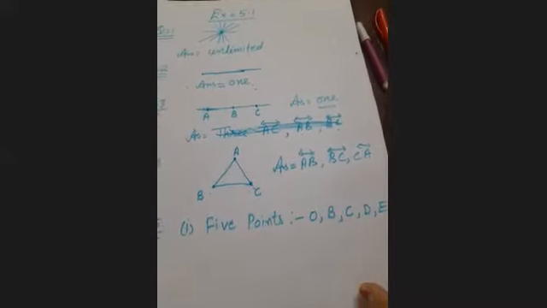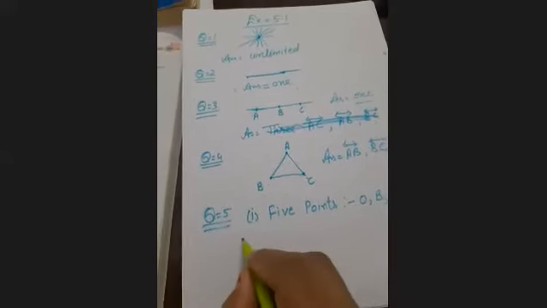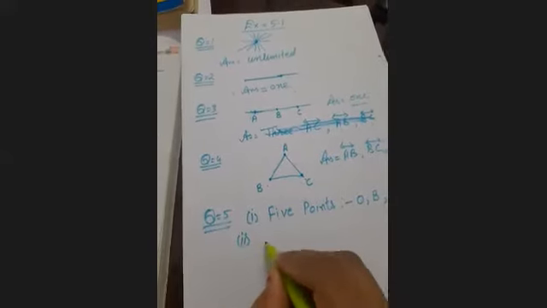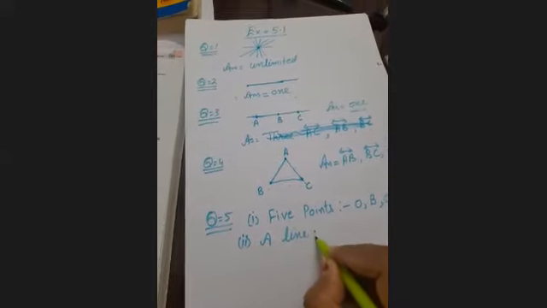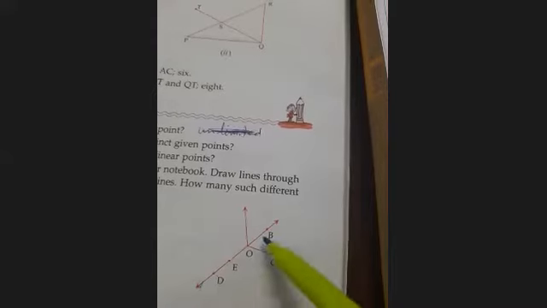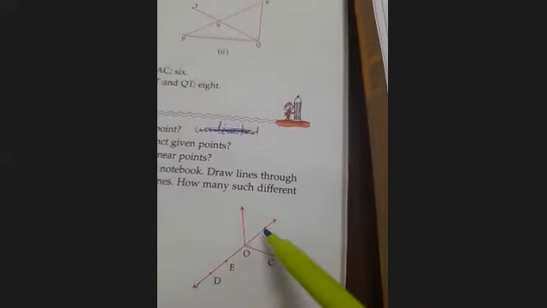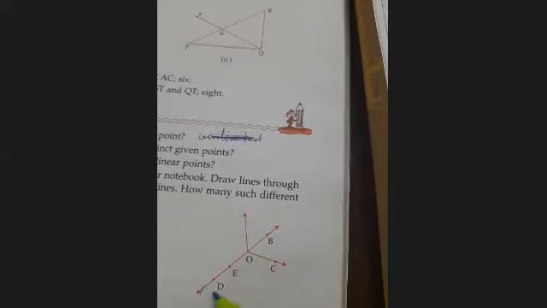Dear students, next is a line. Fifth question, second part: a line. Yes, students, DB is a line. You can also write EB, OB. These are lines.